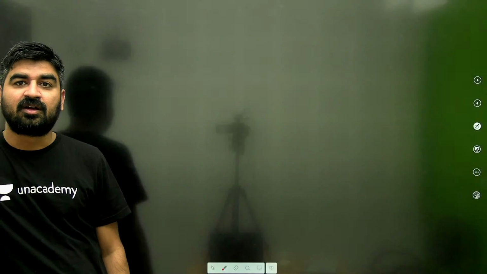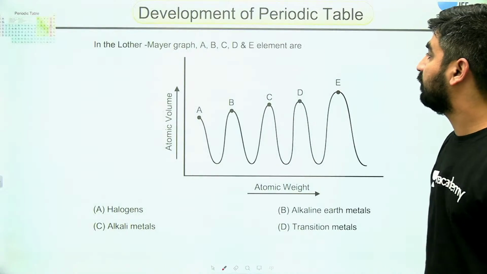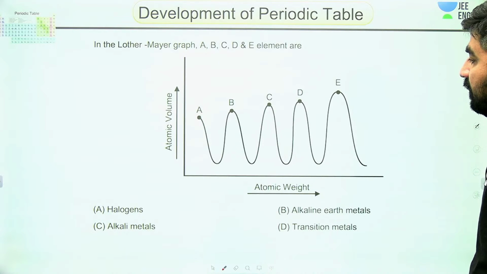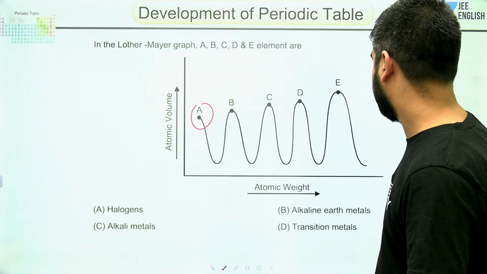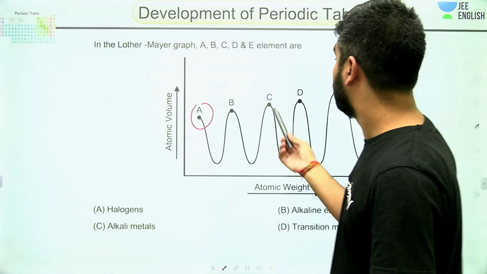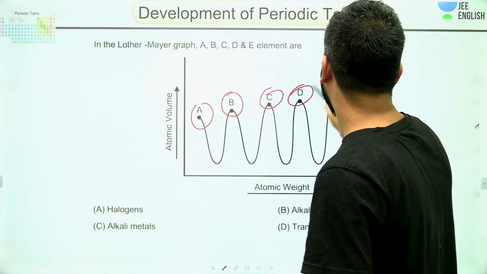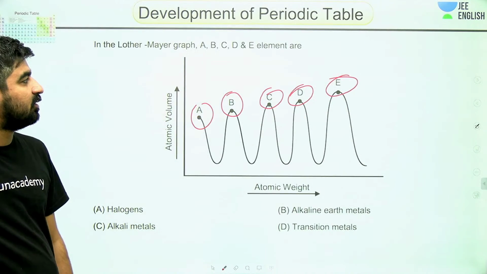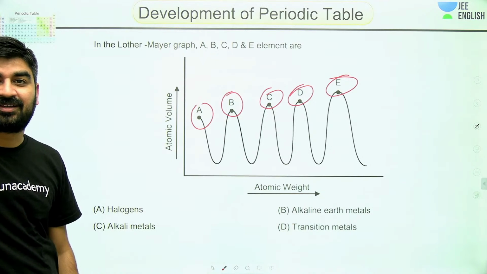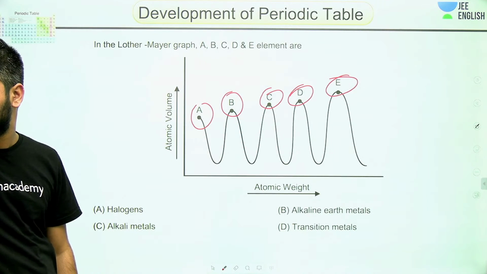Now let's start, guys. If this is done, now we have a Lothar-Meyer graph. A, B, C, D, E elements are there. So what can you comment about it? If this is a Lothar-Meyer graph, now tell me, what will be the answer, guys?